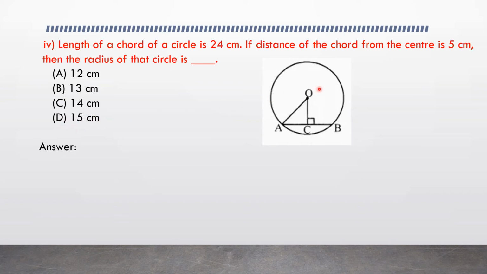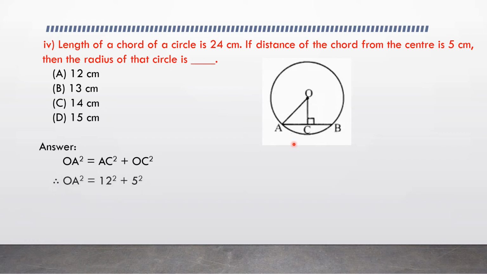In this circle, the length of the chord AB is equal to 24 centimeter. Therefore, AC is equal to half of AB, that is 12 centimeter. And the distance of the chord from the center, in this figure OC, is equal to 5 centimeter. We have to find the radius of the circle, that is the length of OA. Therefore by the Pythagoras theorem, OA square is equal to AC square plus OC square.